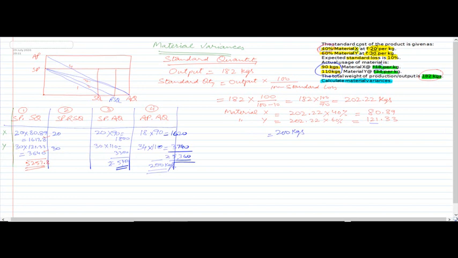Its 40% would be material X, that is for 200 kgs into 40%, it is 80, and for material Y it would be 200 kgs into 60%. It is given here 60%.